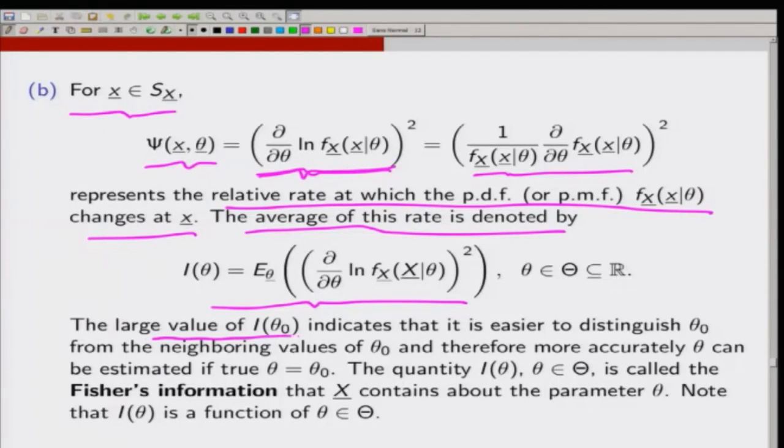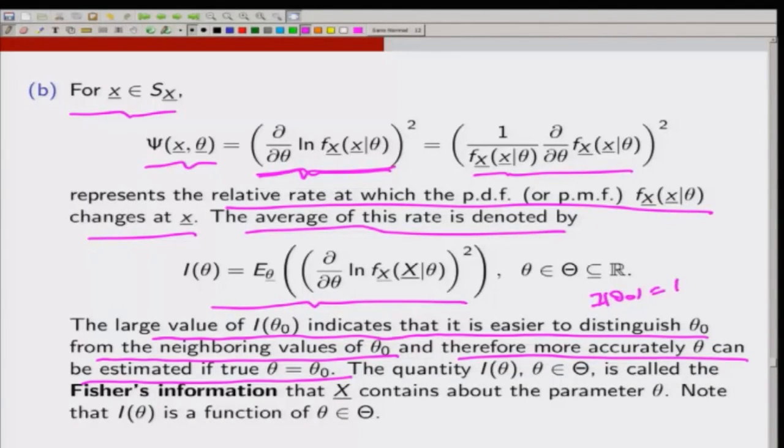A large value of I(theta naught) indicates that it is easier to distinguish theta naught from the neighboring values of theta naught, and therefore theta can be estimated more accurately if the true theta is the same as theta naught. So if this I(theta naught) is large, that means the expected value of this at theta naught is large.